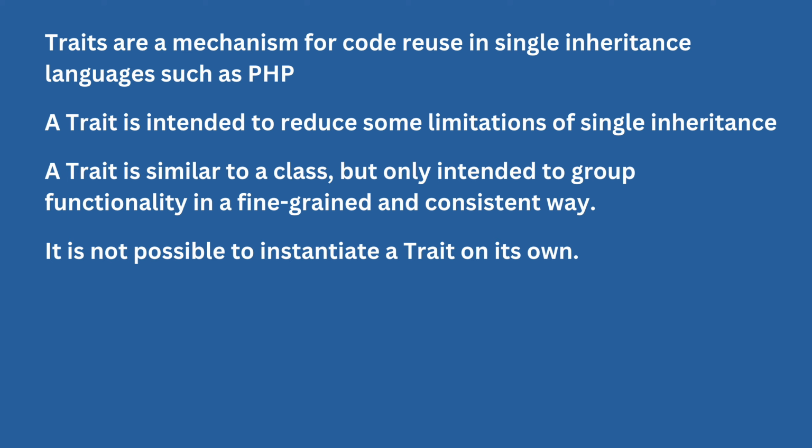A trait is intended to reduce some limitations of single inheritance. A trait is similar to a class but only intended to group functionality in a fine-grained and consistent way. It is not possible to instantiate a trait on its own. So we will not create any object or instance of the traits.